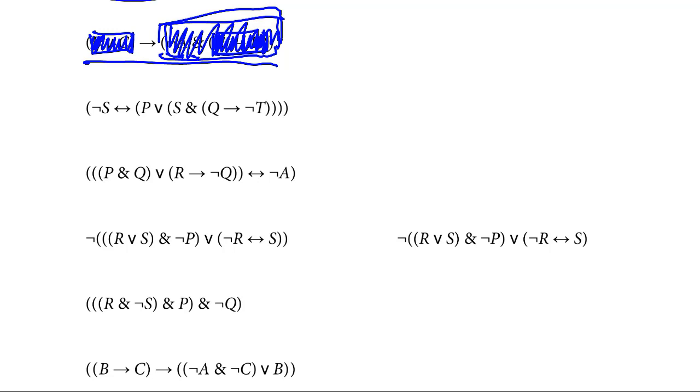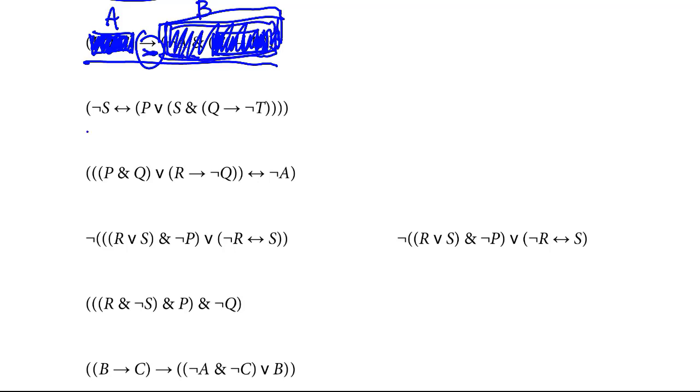So we've chunked everything up, and the main connective is going to be the arrow. At the most general level, what this sentence is saying is, if whatever's in this box here, then B, whatever's in this bigger box over here.